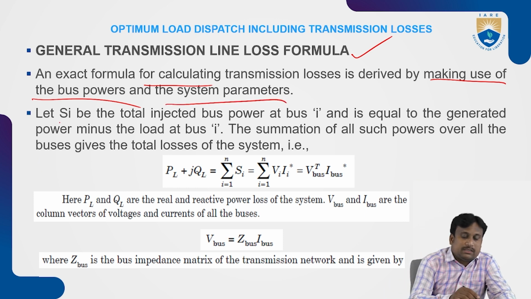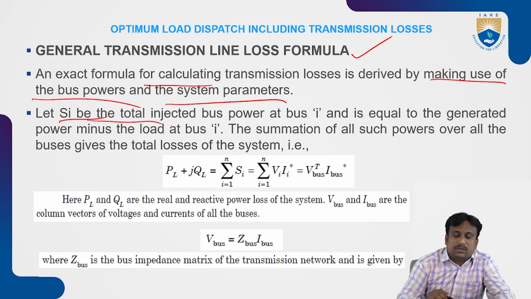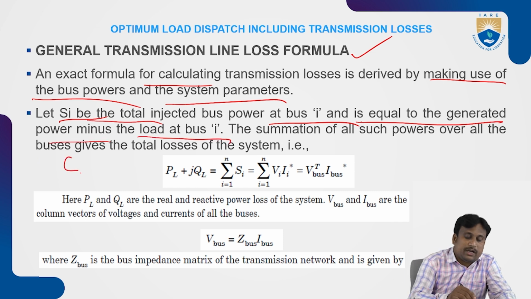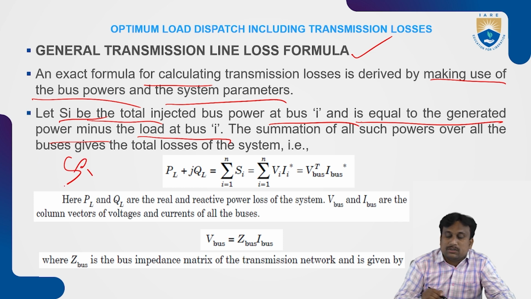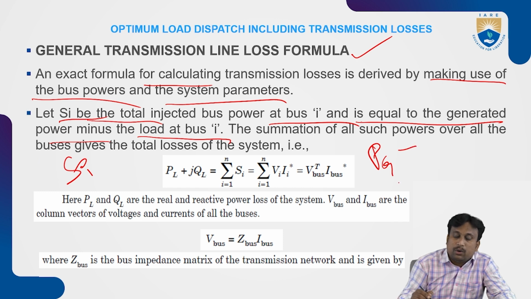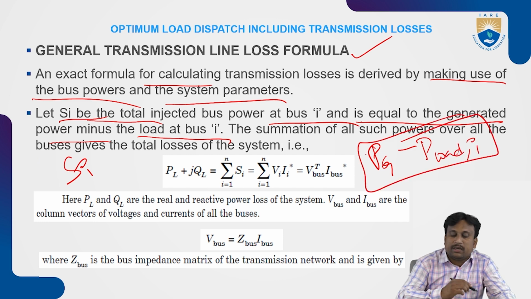So let S suffix I be the total injected bus power at bus I, and it is equal to the generated power minus load at bus I. So this is indicating S suffix I, which is equal to the generated power Pg minus load at bus I. So this consideration must be taken.